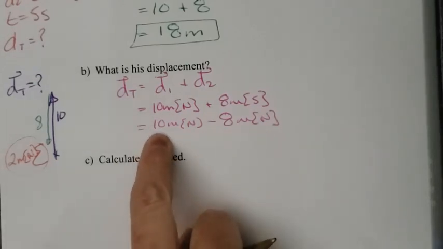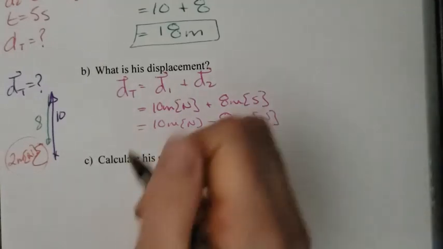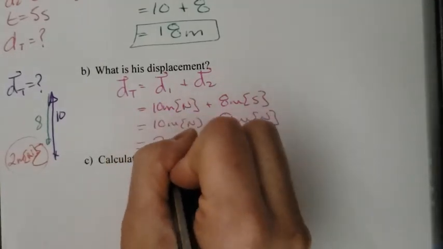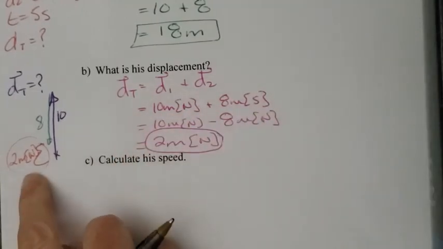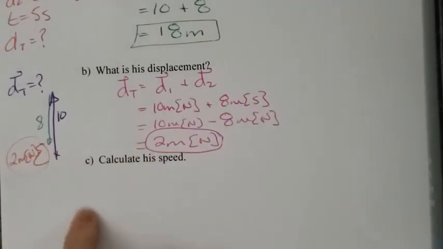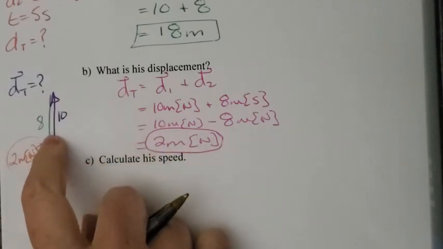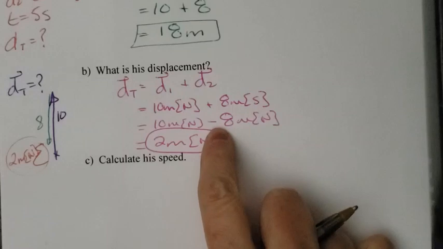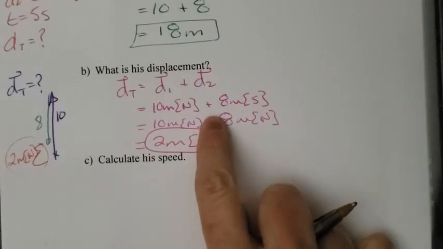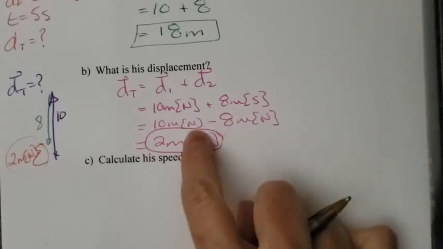And now it becomes 10 minus 8 is 2. So 2 meters north. So if you want to solve it this way, where you simply draw it, 10 meters north, 8 meters south, I'm 2 meters from where I started, or the other method is simply to change the sign to negative, and then they match up.